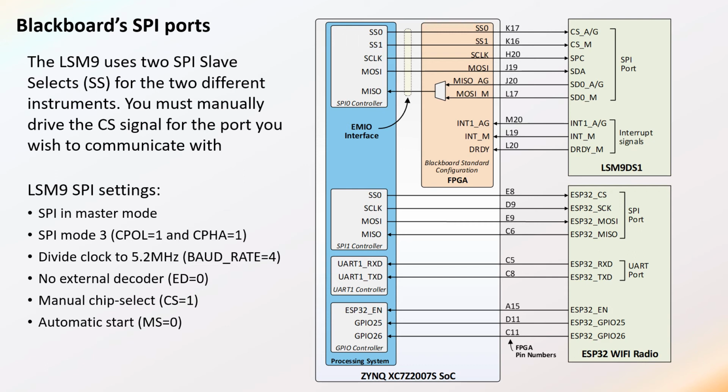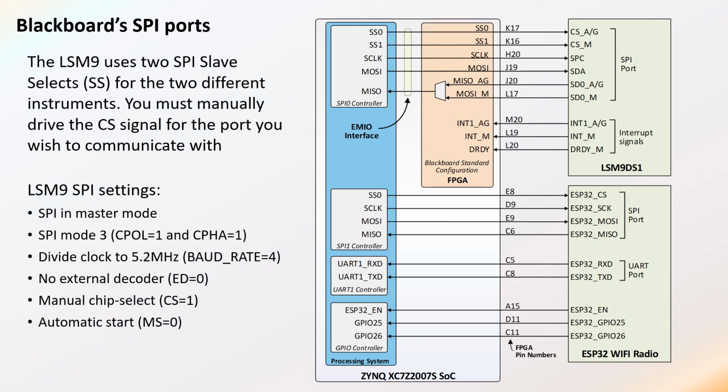If you select slave select 1 to talk to the magnetometer, then we automatically switch the mux to bring the MISO from the magnetometer back to the EMIO interface. So it's pretty simple. All you have to do to talk to one of the instruments is choose which slave select you're going to drive in the control register of the SPI controller. I hope I didn't make that too confusing. It's about as simple as we could make the board.